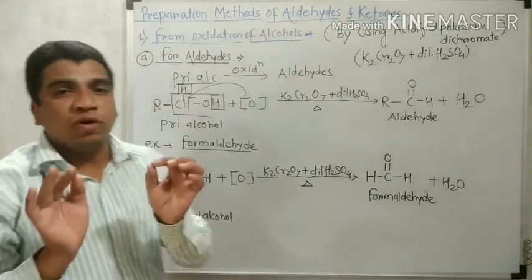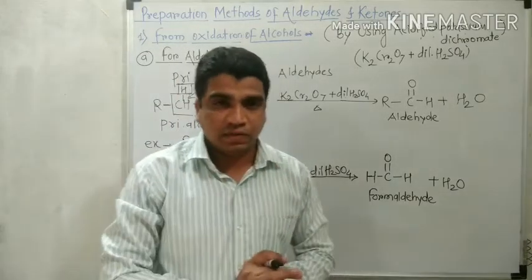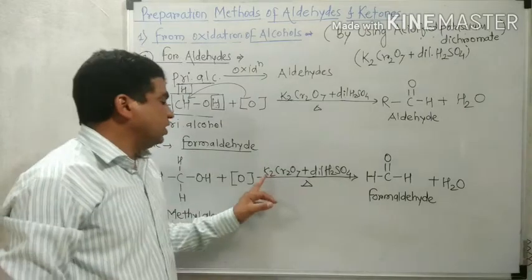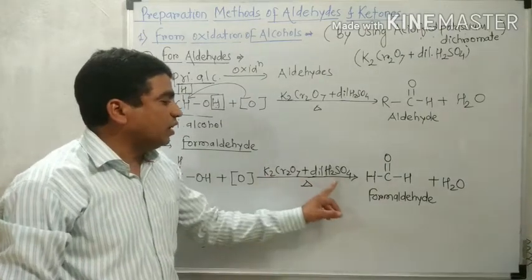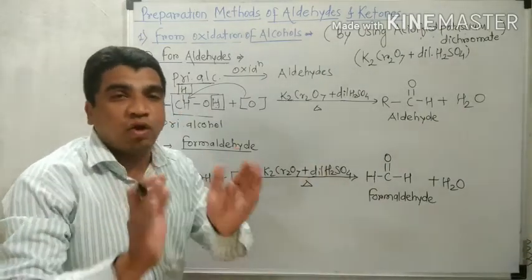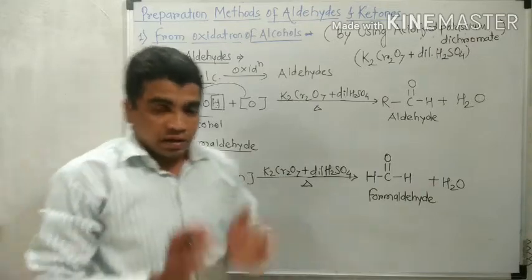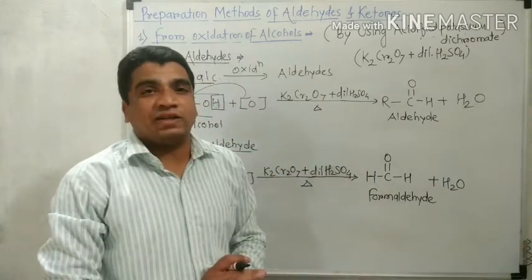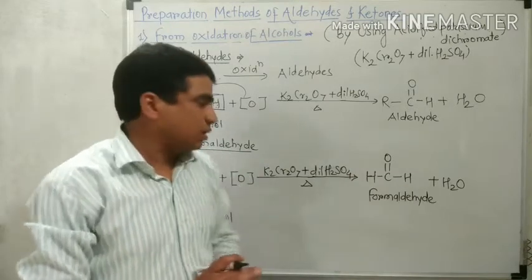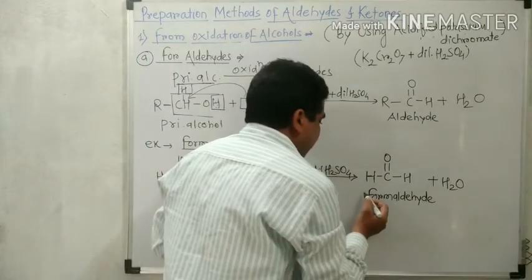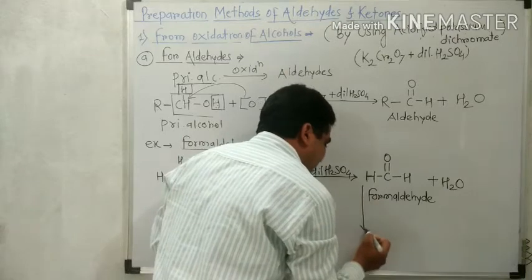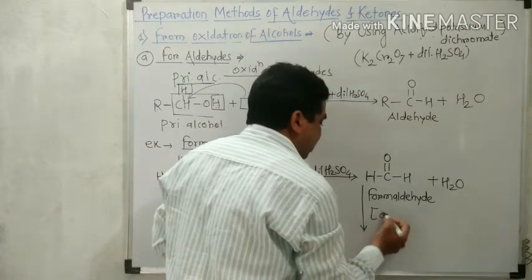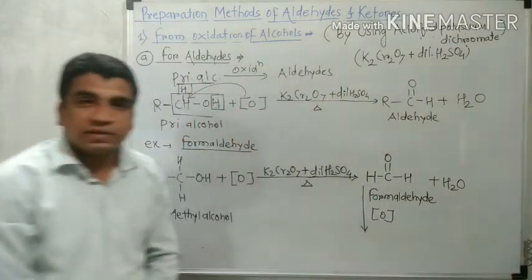But an important note for this reaction is that if we use K2Cr2O7 and dilute H2SO4 as the oxidizing agent, we expect formaldehyde to be the last product, but that is not so. In this reaction, the formaldehyde again automatically undergoes oxidation.